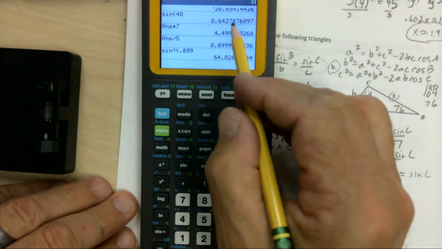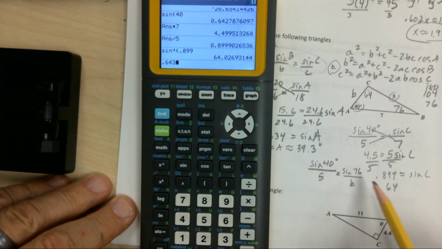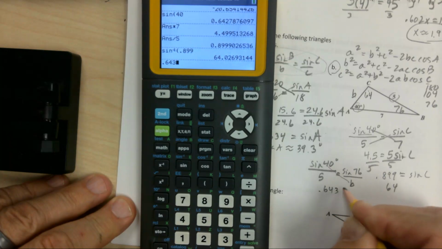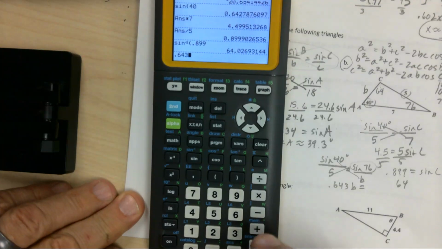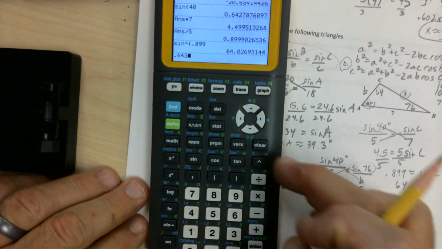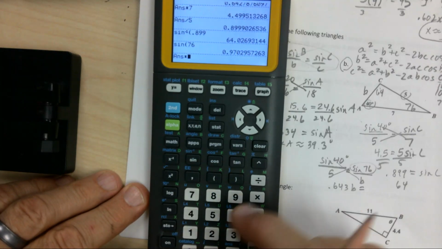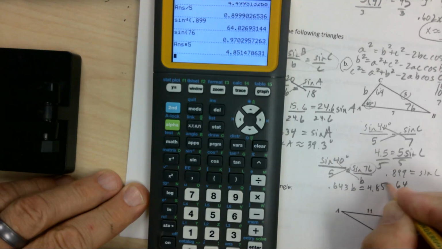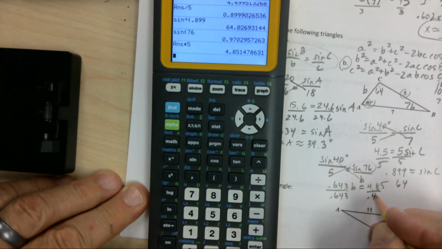Sine of 40 was 0.643, so 0.643. I'm going to multiply it this way, so 0.643b equals, and I have to multiply that by that. All right, so sine of 76 times 5, 4.85. So I can divide this by 0.643, same thing over there.